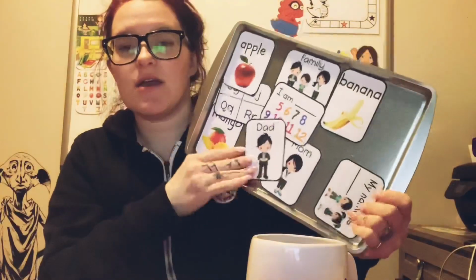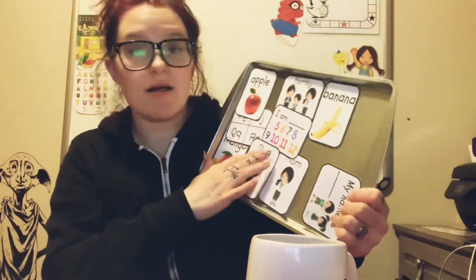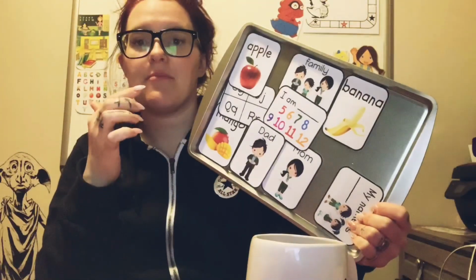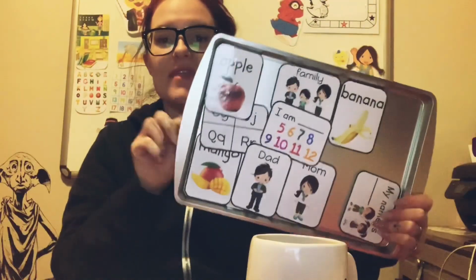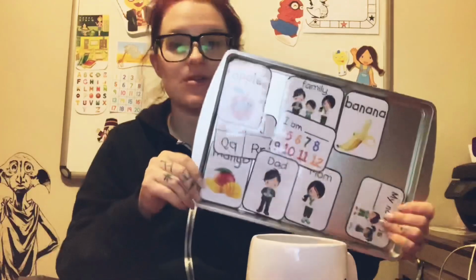I have, like I said, a ton of 2D props. These are for my trial class. Oh, one of the kiddos is up. So this is for one of my trial classes. But again, guys, dollar store. This is a cookie sheet, but cookie sheets are metal, so they're magnetic.